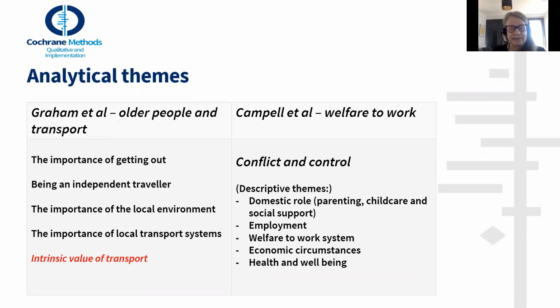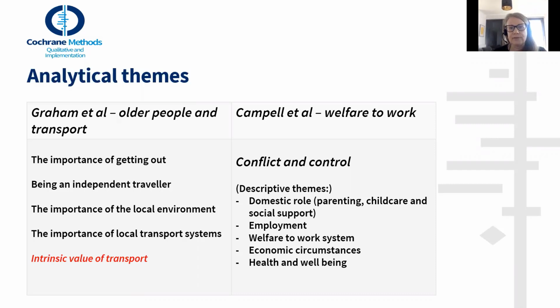What really became apparent in their synthesis, by listening to older people and their experiences, was that they valued their journeys for their own sake, whereas policymakers were very much focused on transport as getting from A to B. The older people's experience spoke to the fact that the journey itself is just as important as the destination, and that could impact on their health and well-being, their sense of feeling connected with their communities, and also highlighted the importance of the local environment and those local transport systems.